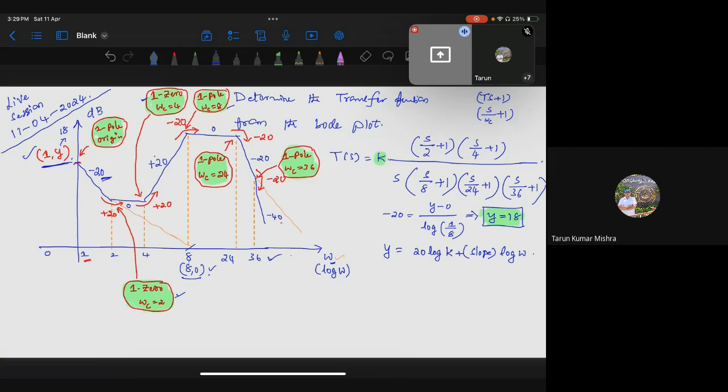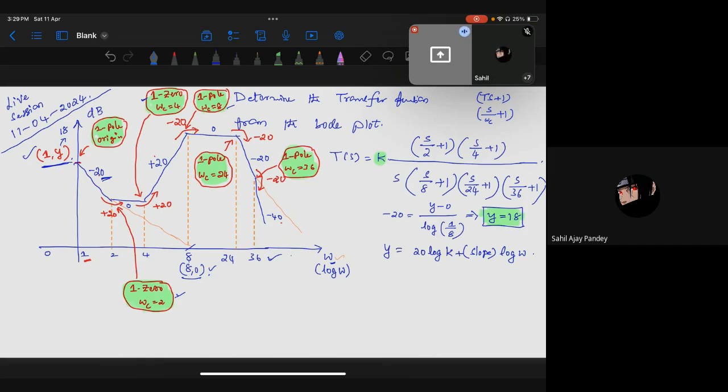So what does this mean? Can anyone tell me? Y is equal to mx plus c. Yes, it is that form.